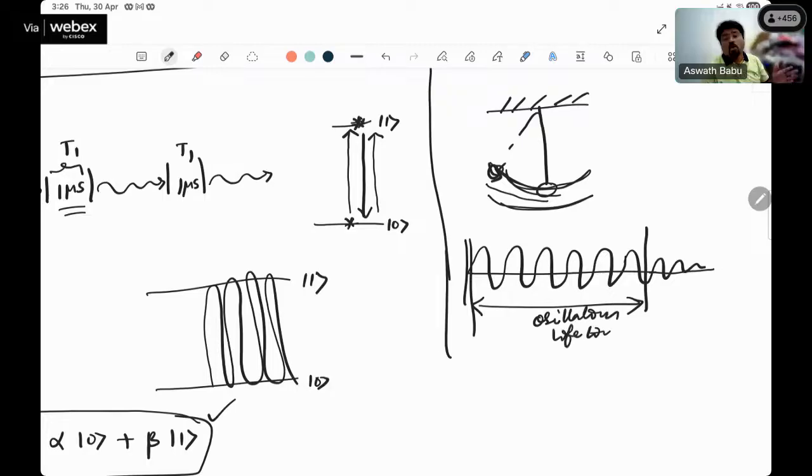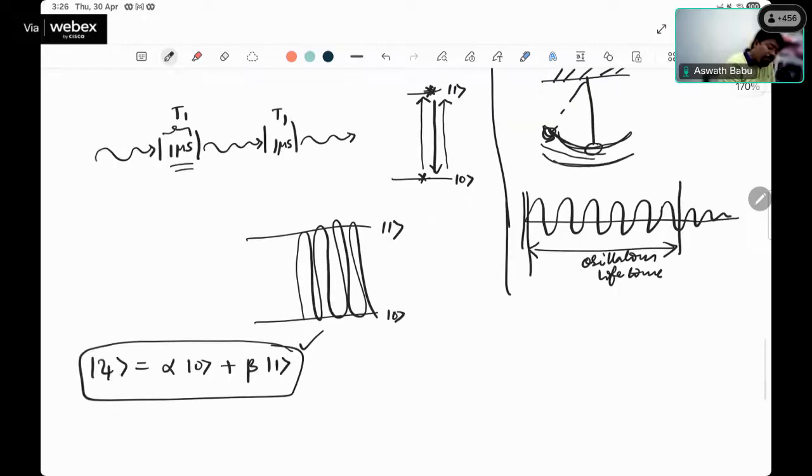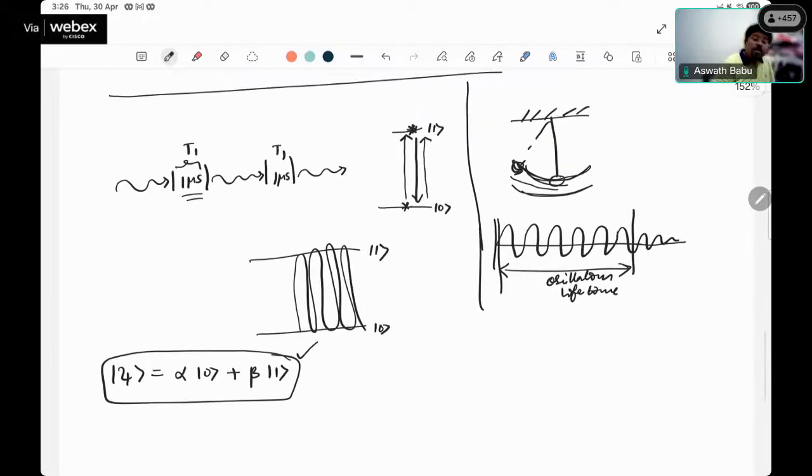Right? So something like that. Here, our electron does oscillations between 0 and 1, ground and excited, continuously.